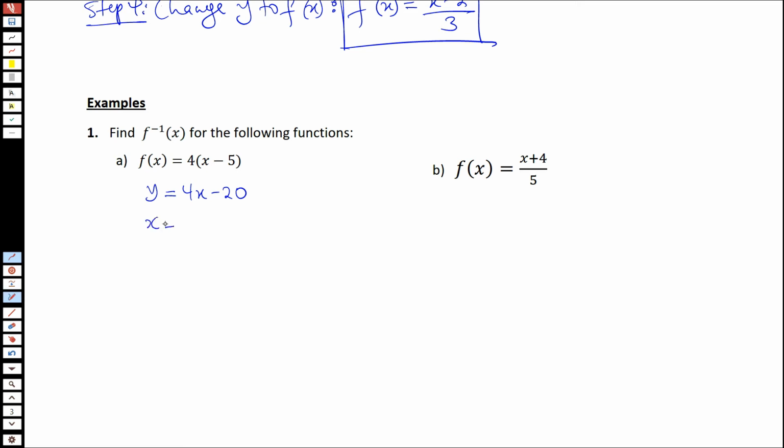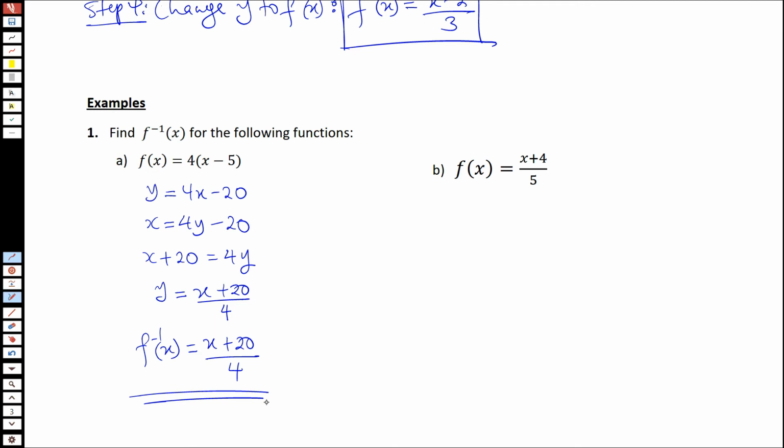So x will be equal to 4y minus 20, and then just make y the subject. So y will be equal to x plus 20 divided by 4, and this is basically the inverse function.